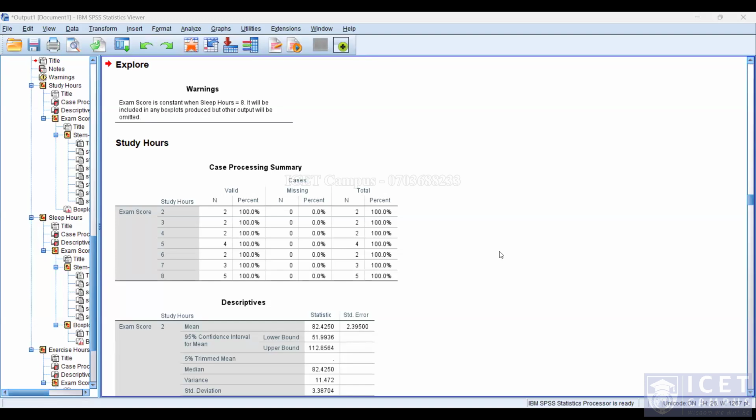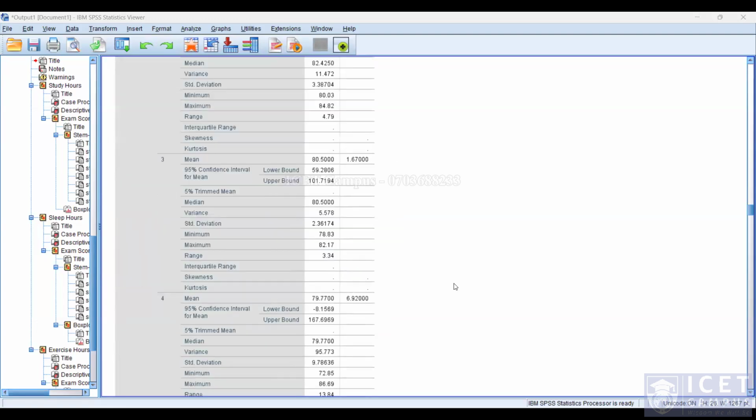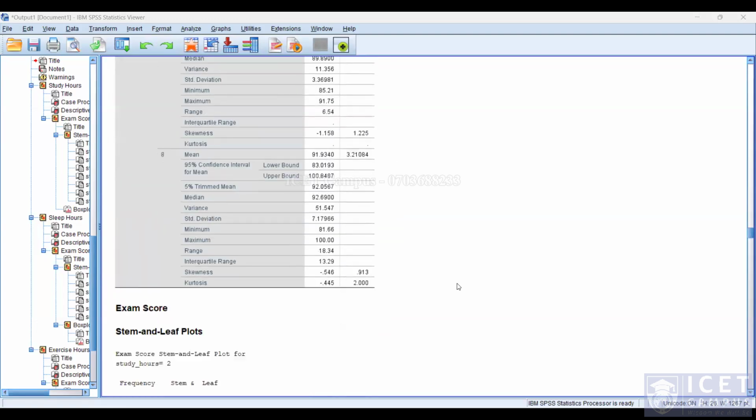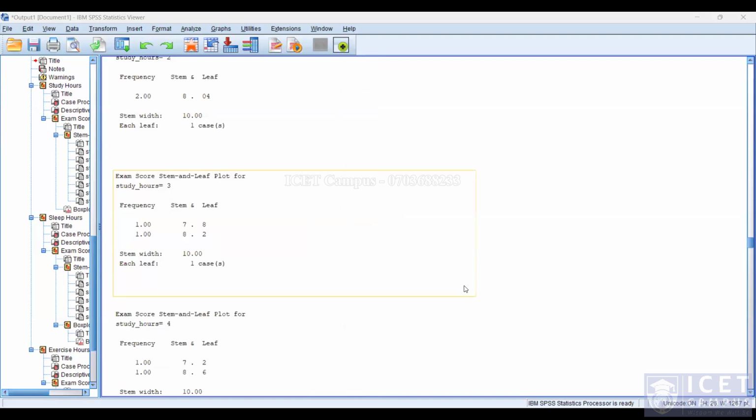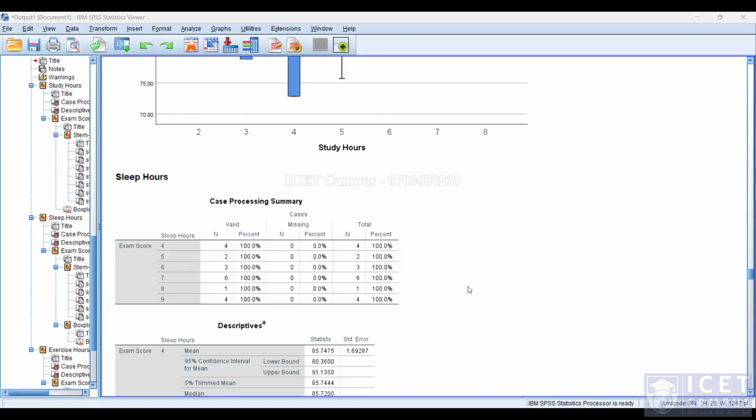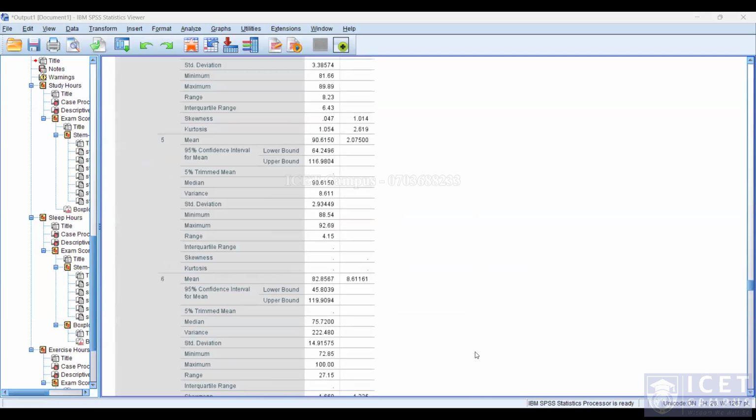Then this is the summary actually. Then they ask for the descriptive statistics. What are the descriptive statistics? Actually, it's not this. Right. We first need the descriptive statistics.